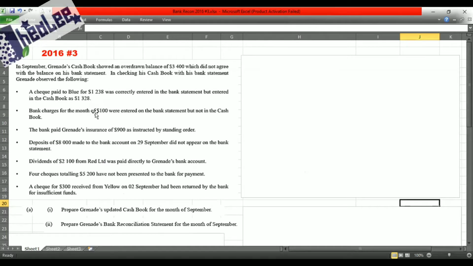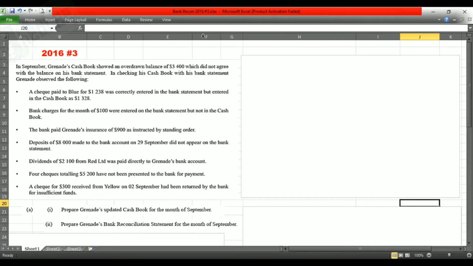So here we go. We're presented with this question, and it is from 2016, question 3. In September, Grenada's cash book showed an overdrawn balance of 3,400, which did not agree with the balance on his bank statement. In checking his cash book with his bank statement, Grenade observed the following.